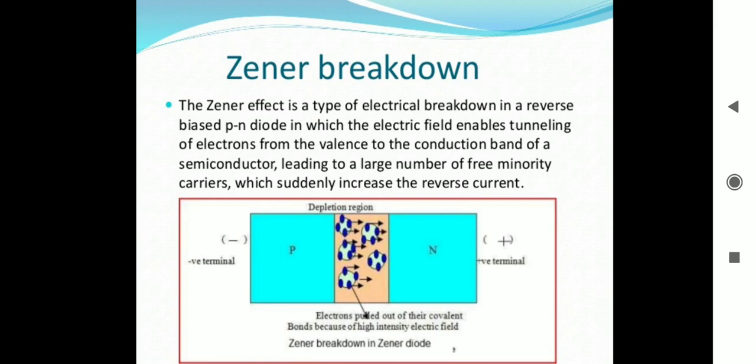These electrons then become free electrons, which are available for conduction. A large number of such free electrons constitute a large reverse current through the Zener diode, and breakdown is said to have occurred due to the Zener effect. A current limiting resistance should be connected in series with the Zener diode to protect it against damage due to excessive heating.